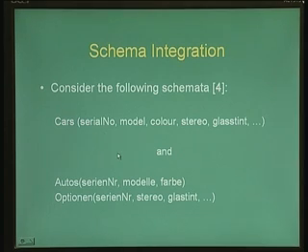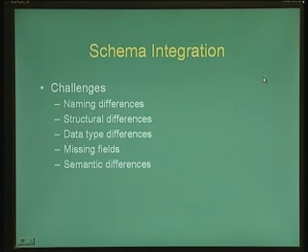So it's not just that the structure is different, the names of each of these fields could be different, the data types could be different and so on. So there are several different challenges that we have to face when performing schema integration, that is there are naming differences, structural differences, data type differences, semantic differences, missing fields and so on and so forth.